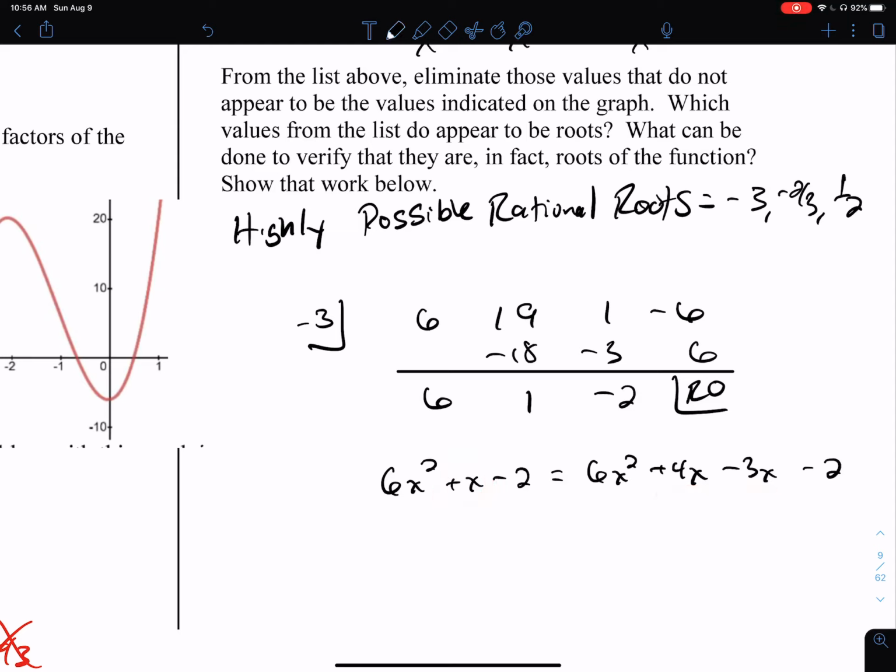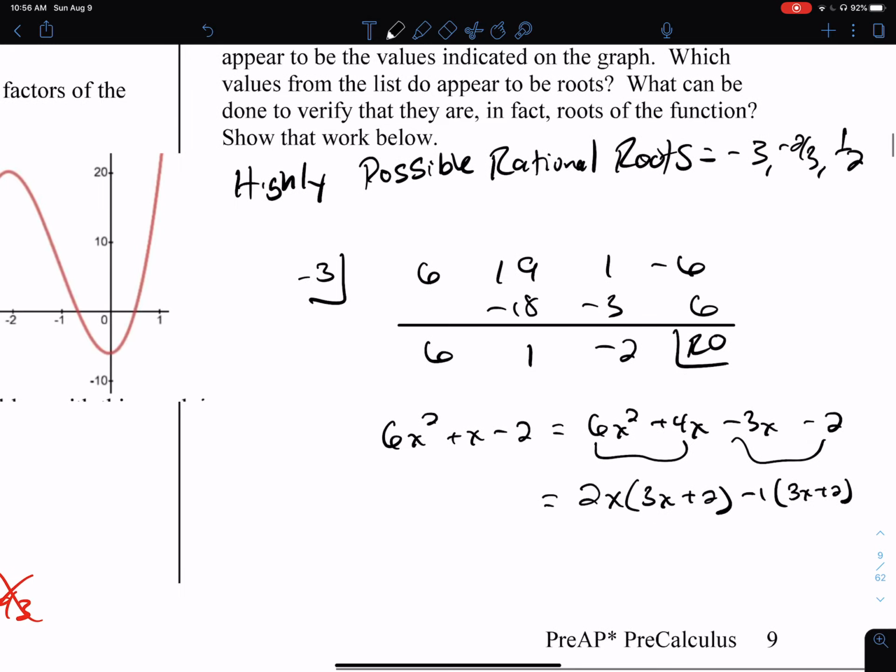If we group together these and these, we're going to get the GCF of each group. We're going to get 2x times the sum of 3x and 2. GCF of the next group is a -1, leaving us with 3x plus 2. So this factors into a 3x plus 2 and a 2x minus 1. Guess what?